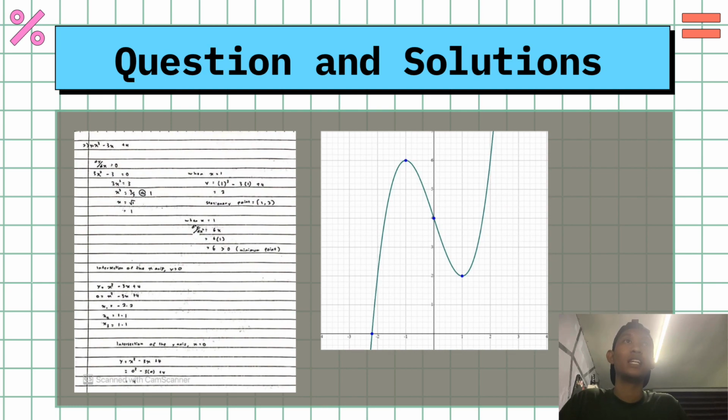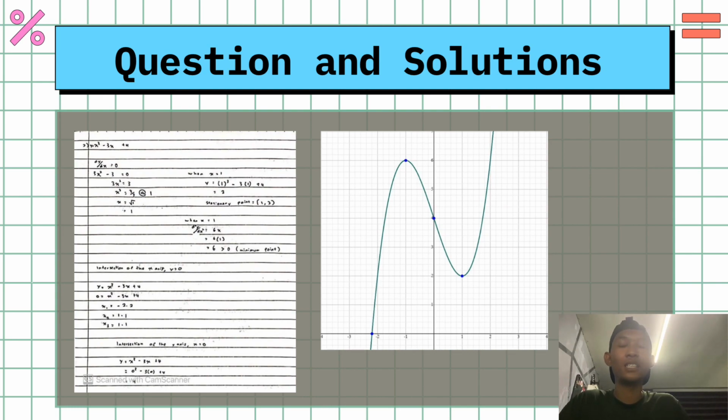So we get the stationary point. After that, we differentiate again and fill in the value to the differentiated equation and get 6. So the minimum point, because 6 is more than 0.